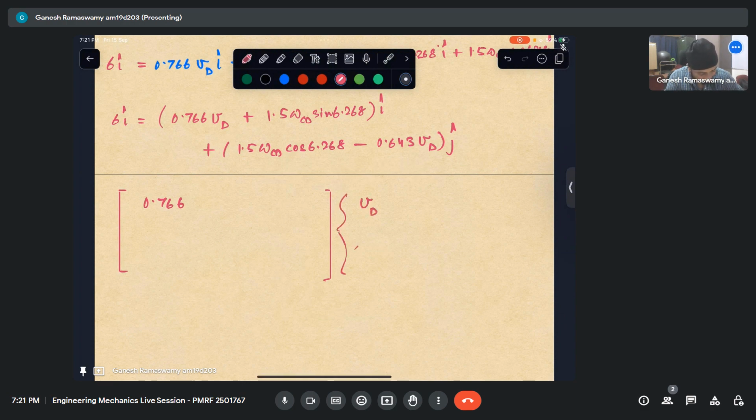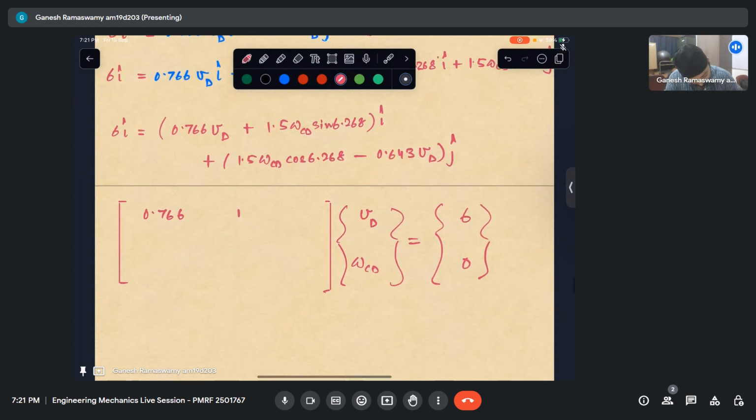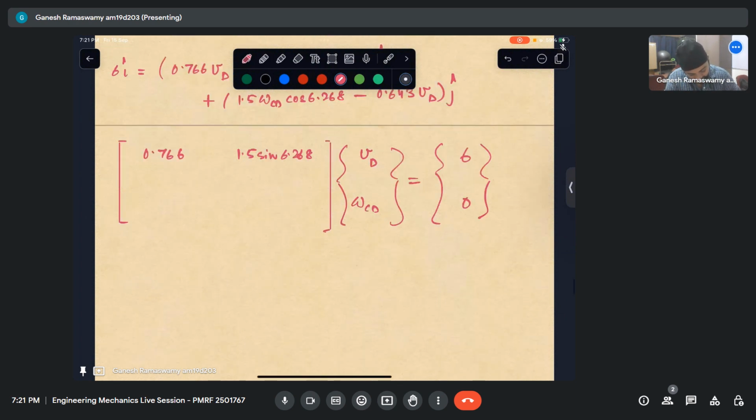This will give me what is on the right side, it is 6, and the other one is 0. And this is 1.5 sine 6.268. And then for Vd, it is minus 0.643. This is 1.5 cos 6.268.